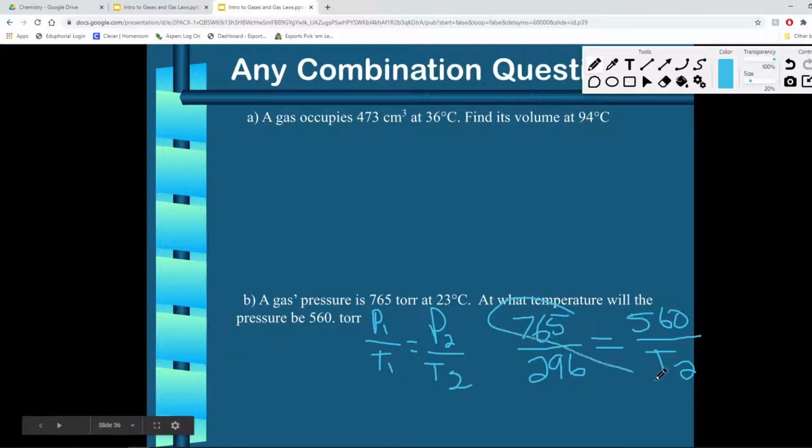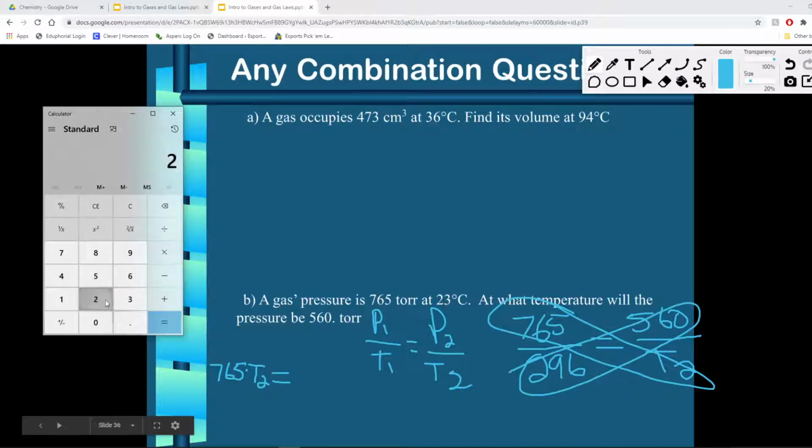All right, so we get 765 times T2 is equal to 296 times 560.